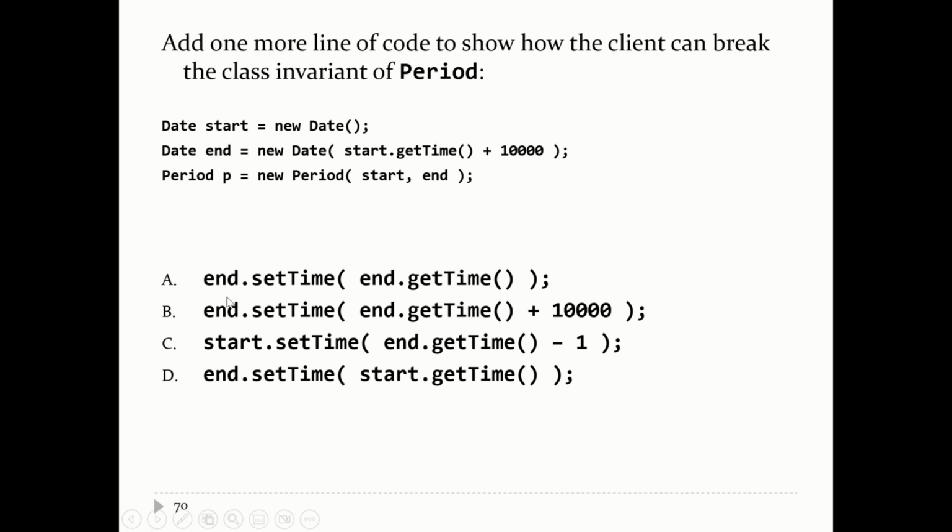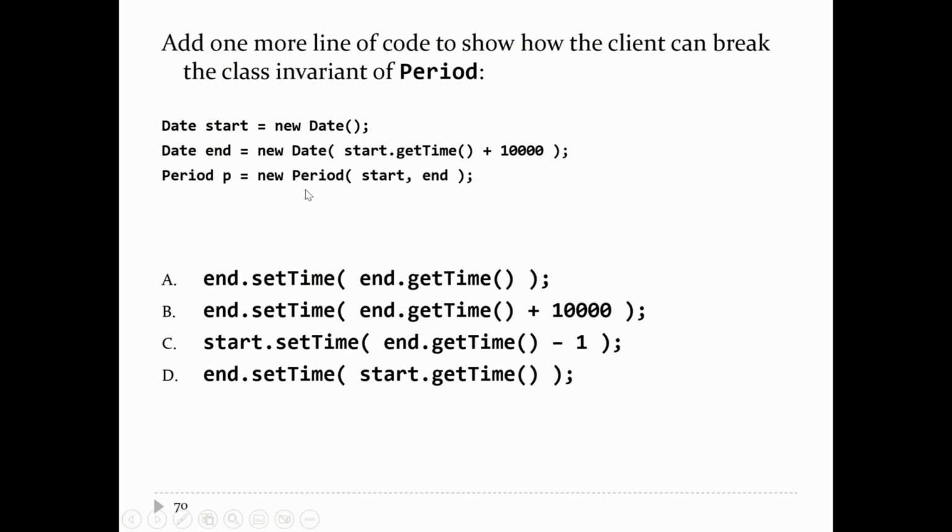So what do these do? end.setTime(end.getTime()) doesn't change end, so that doesn't break it. end.getTime() + 10,000 is 10 seconds after the end time, so that doesn't break it either. start.setTime(end.getTime() - 1) sets the start time to 1 millisecond before the end time, which is still fine. But if you set the end time to the start time, that breaks the invariant, because the end time and the start time are now the same. You've broken the class invariant, and you're not even inside the class itself.